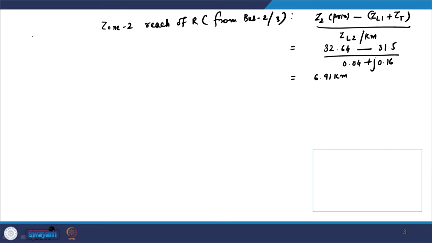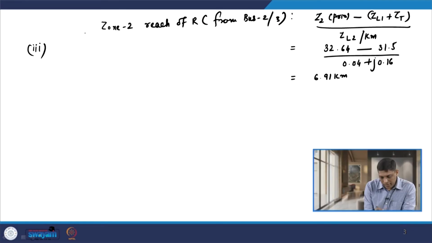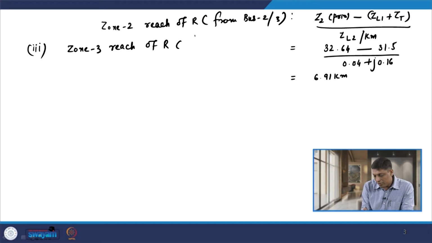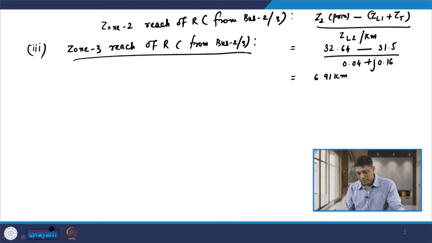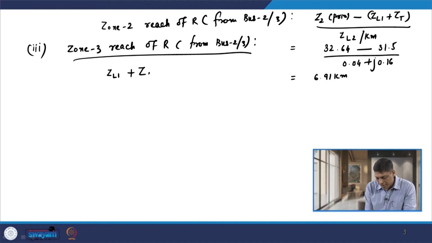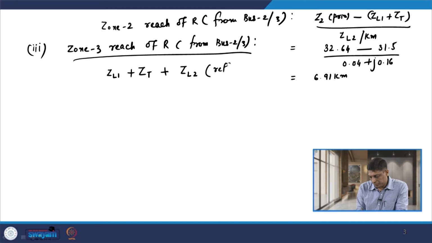Let us start the third point, that is zone 3 reach of relay R from bus 2 or 3, right. For this, let us consider the ZL1 plus ZT, right, plus additionally we need to consider ZL2 referred on 220 kV side, right.